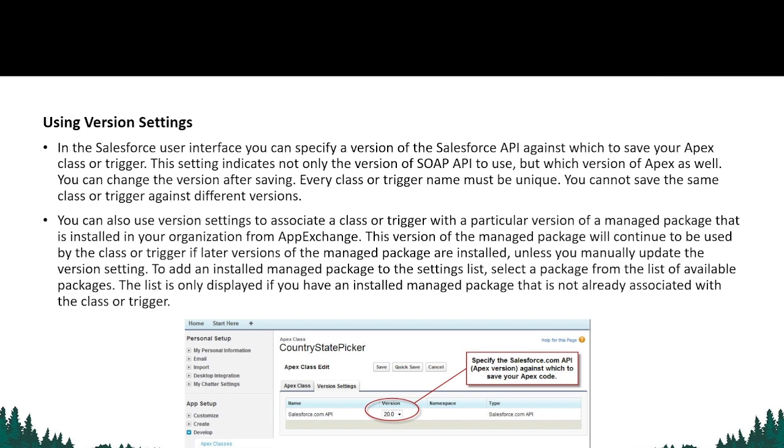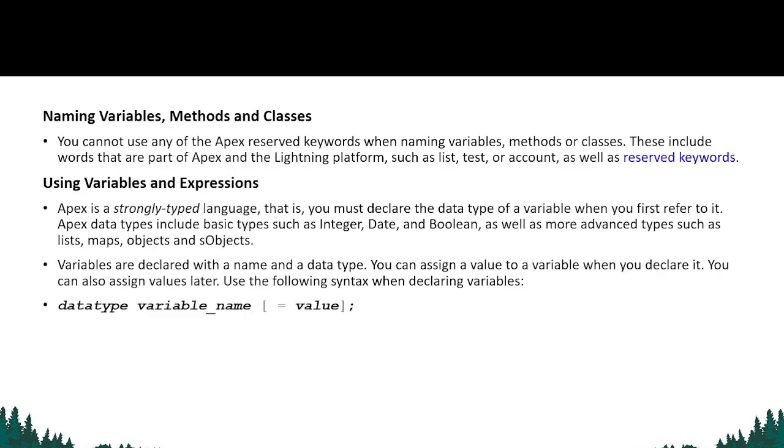When you want to add any installed managed package to the settings list, you just need to select a package from the list of available packages. The list will be displayed, showing the many installed managed packages not already associated with the class or trigger. You can just click on it and add those managed packages.